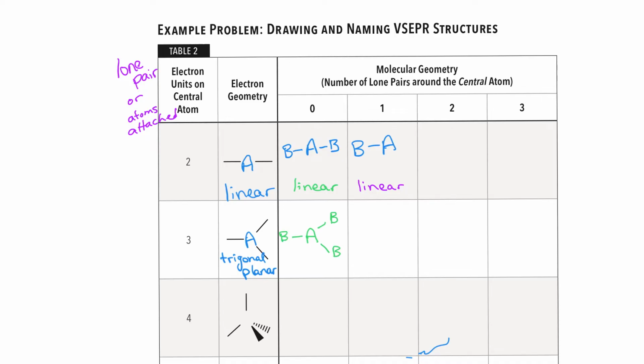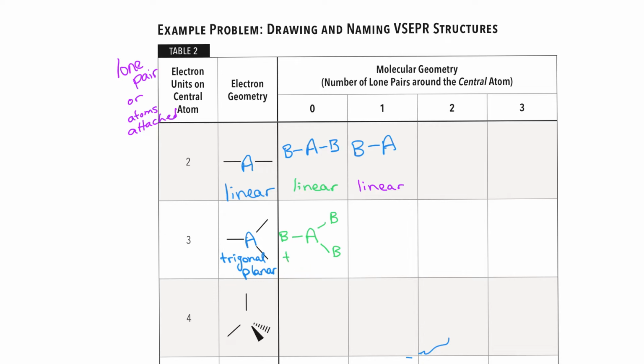And you'll notice as we continue to fill in this column, with the 0 lone pairs, that our names are all going to be the same. And you'll notice that the first column that we have here with the electron geometry is going to match this 0 lone pair column for our molecular geometry, so the names are also going to match here.